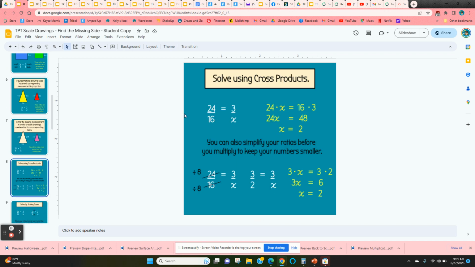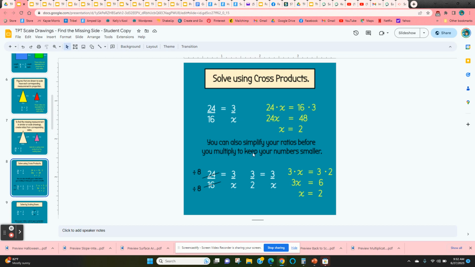So if you do this with cross products, then you're going to multiply numbers that are diagonally across from each other. So 24 times x is going to equal 3 times 16. That gives you 24x equals 48 using algebra, and then x equals 2 if you divide both sides by 24.